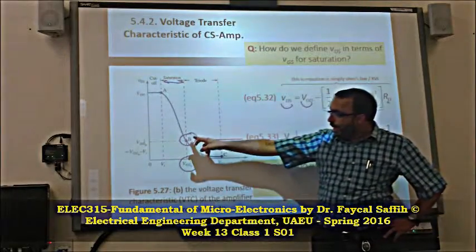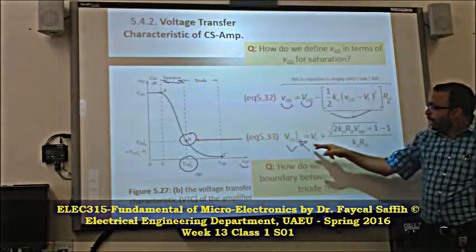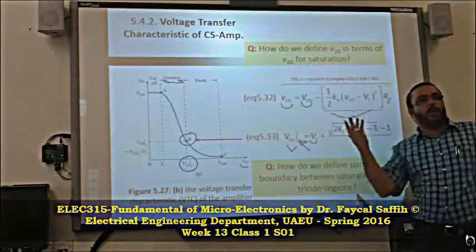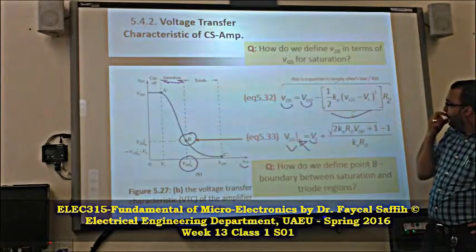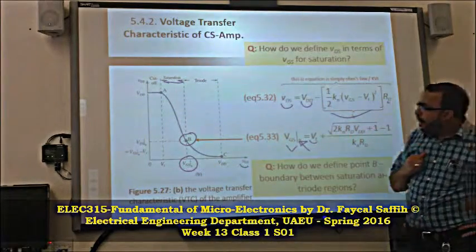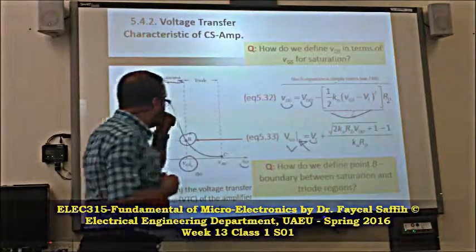VGS at this point B is equal to what? It is equal to VT plus what? Plus the overdrive, yes or no? Very good. The overdrive, how can we get it? The overdrive at this point.